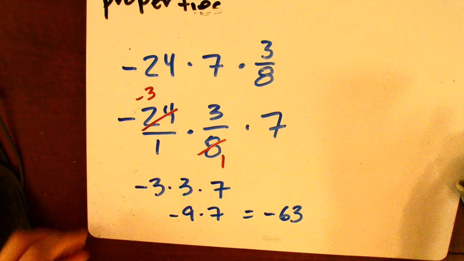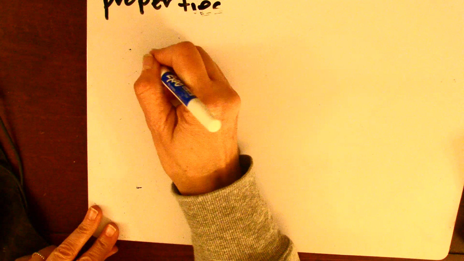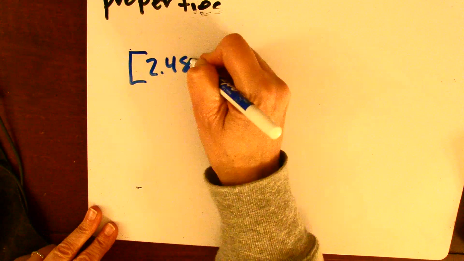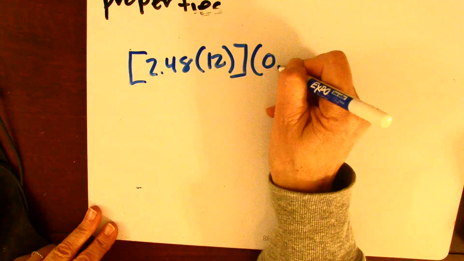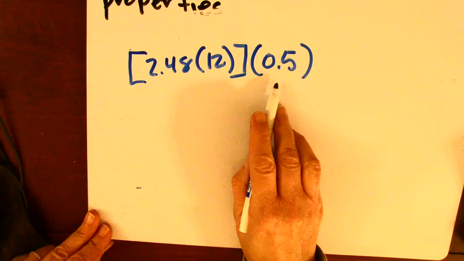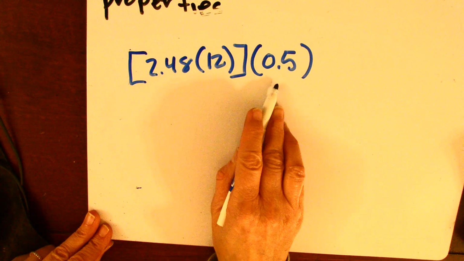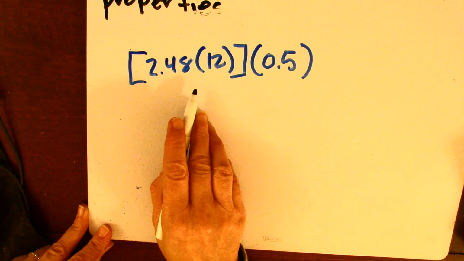And let's do one with decimals. In this case, we have 2.48 times 12 times 0.5. Now, this is like multiplying by 1/2, and it's much easier to multiply 1/2 to a whole number than it is to a mixed number.